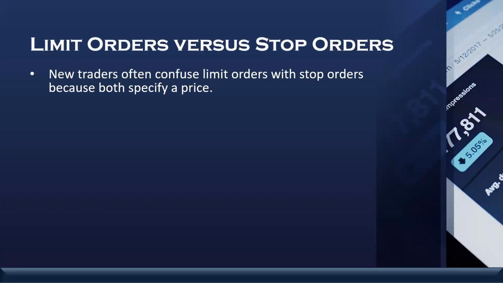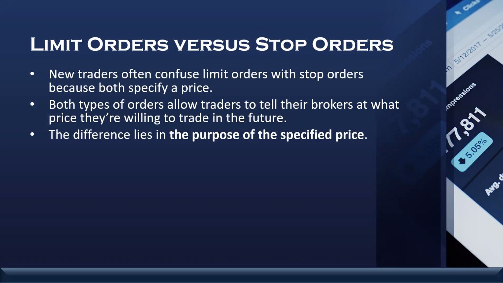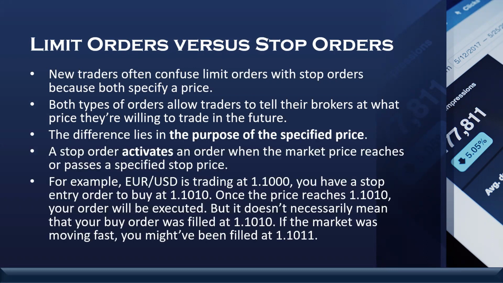So, limit orders versus stop orders. Most of the time, we confuse limit orders and stop orders. With a limit order, you are actually waiting for the market to get to a point before it activates. Both types of orders allow you to tell your broker, okay, I want you to activate this market at a particular trade point.